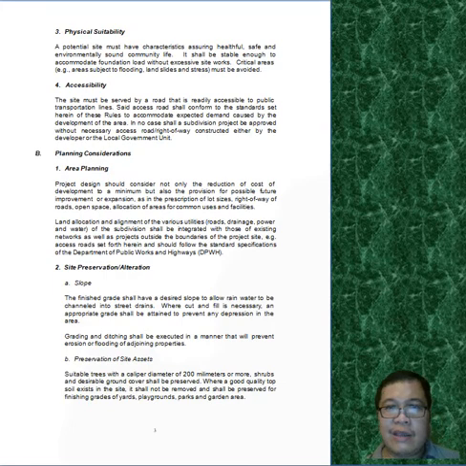Okay, then we have the physical suitability. So a potential site must have characteristics assuring a healthful, safe, environmentally sound community, enough to accommodate foundation load without excessive site works. So let's study this, class. Think carefully. Why is it that it should accommodate foundation load without excessive site works?